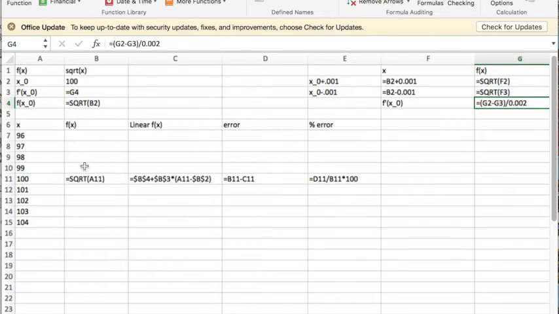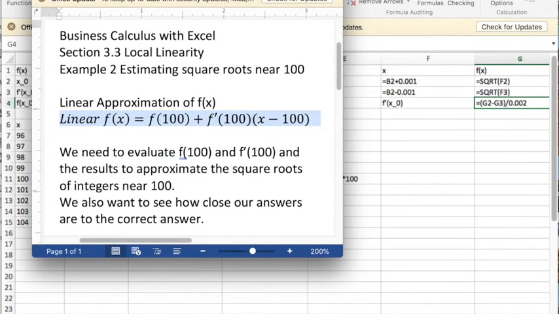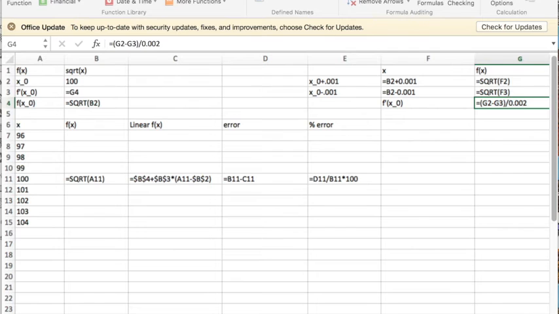If I want to evaluate f of x, that's just the square root of our number, but my linear approximation, following what I had done before, is f at that point plus the derivative at that point times how far we are from that point.